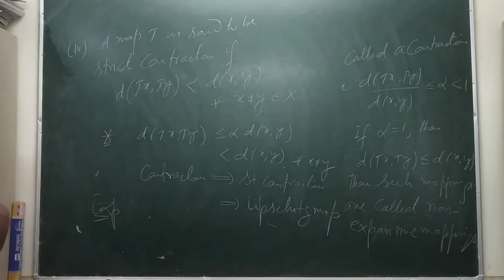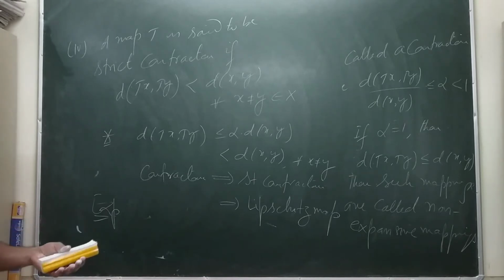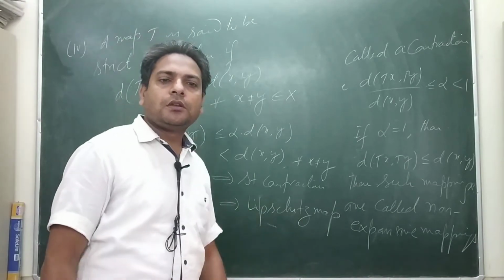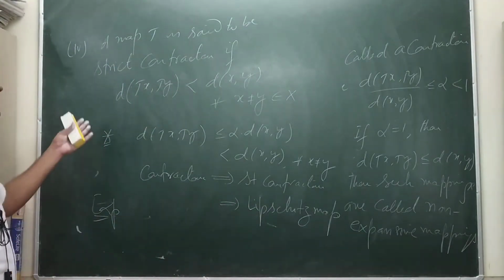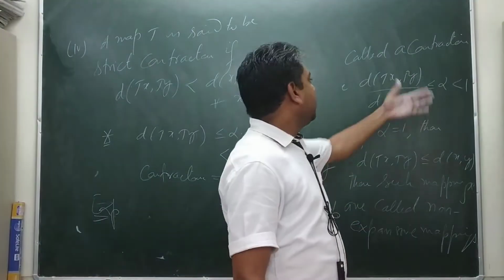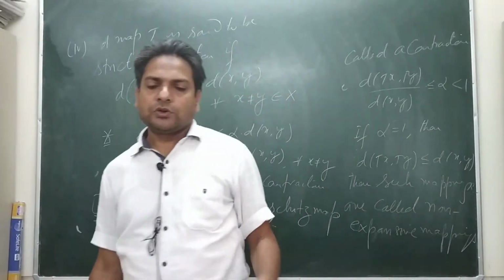Because the contraction map, strict contraction, and non-expansive map are all basically subclasses of the Lipschitz map. So the Lipschitz map is a much bigger class because in the definition of the Lipschitz map, alpha is any non-negative, any positive number.